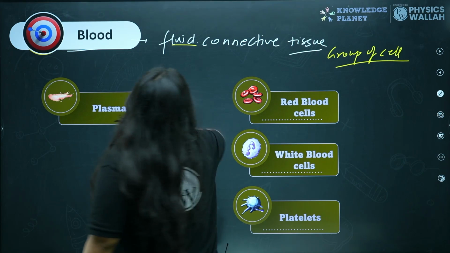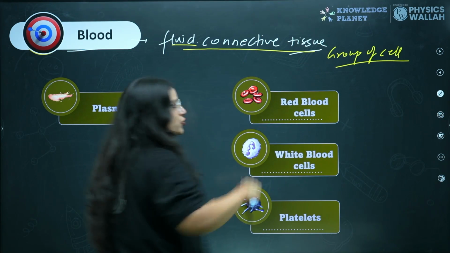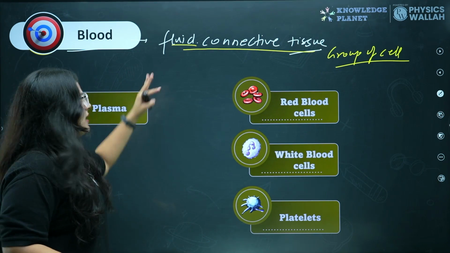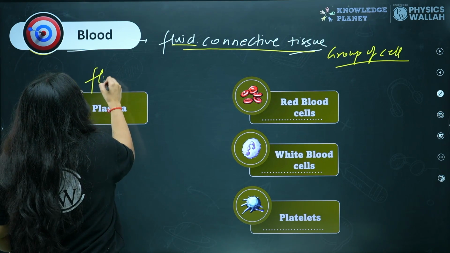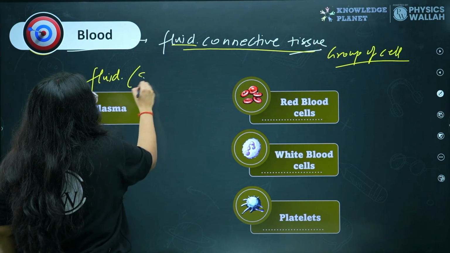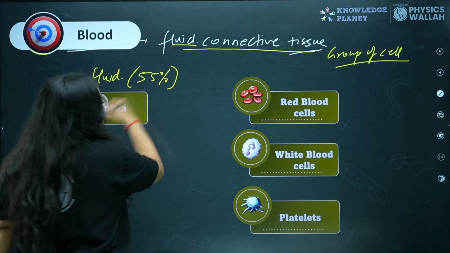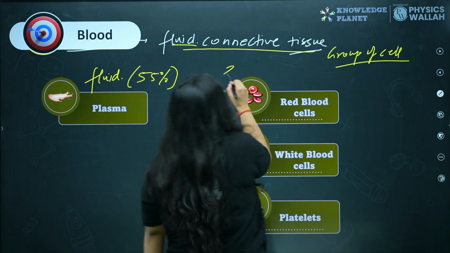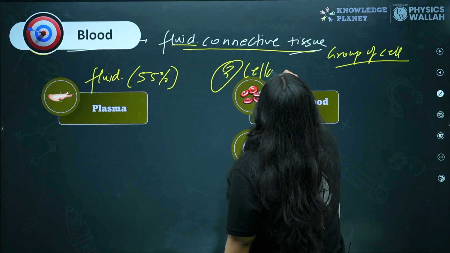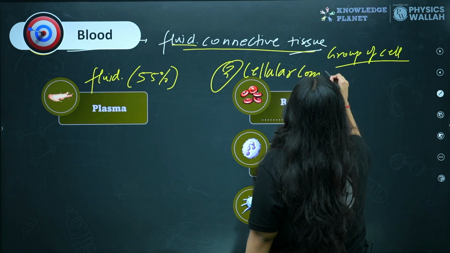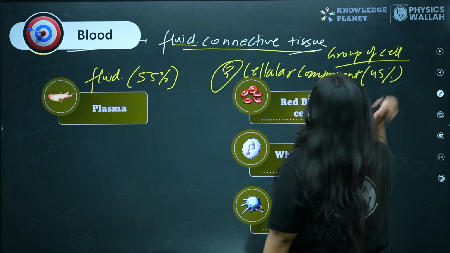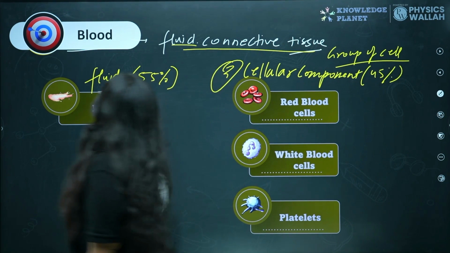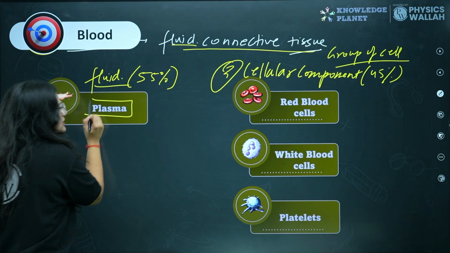Therefore this blood is a fluid connective tissue. All right, now let's talk about how this blood consists of two components. The fluid component, which is 55% of the entire blood, and then there is the cellular component, which is the rest 45% of the blood.